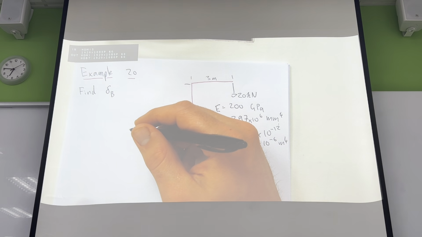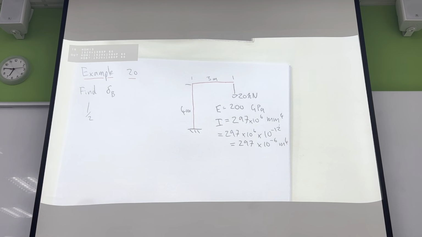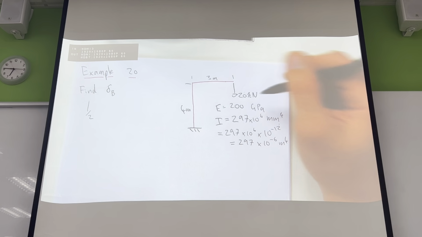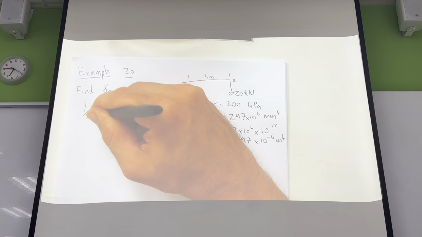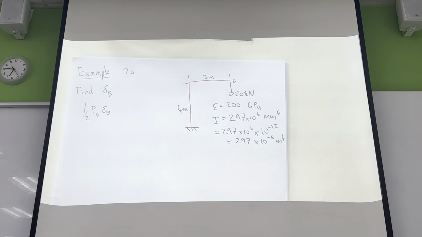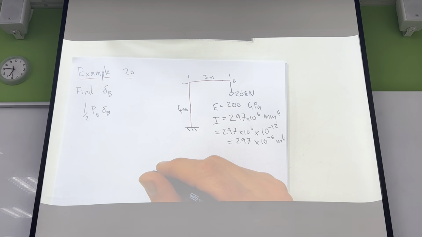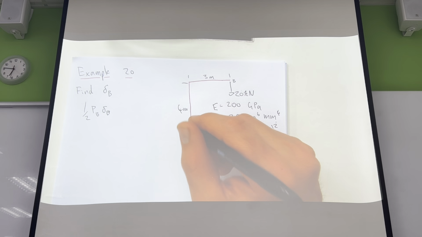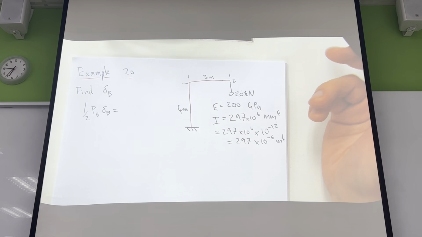So we have a half times the force applied, which is that 20 kilonewtons. That's point B, so that's the force at B times the displacement at B, is equal to the strain energy.